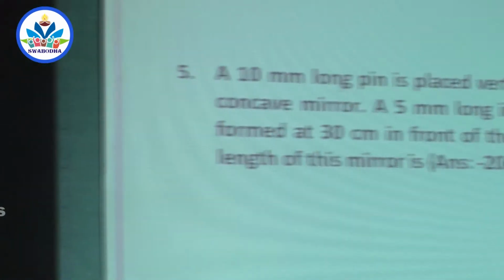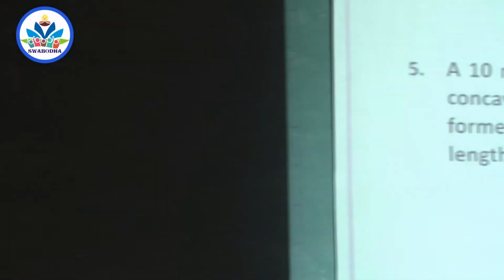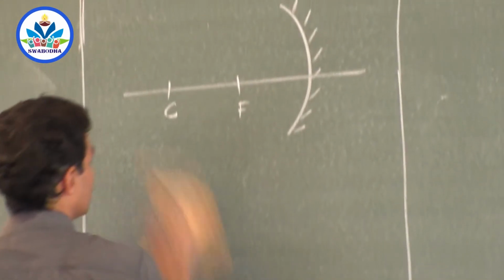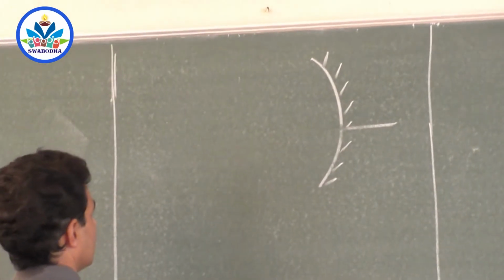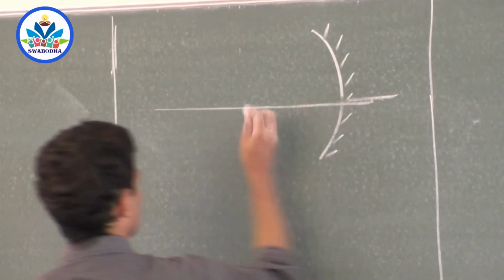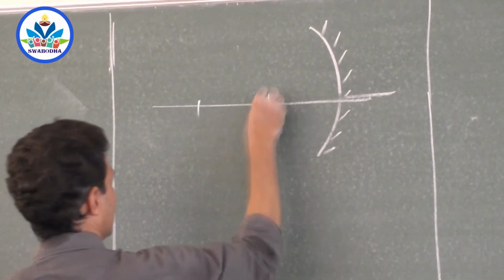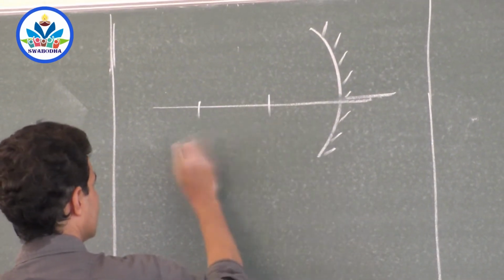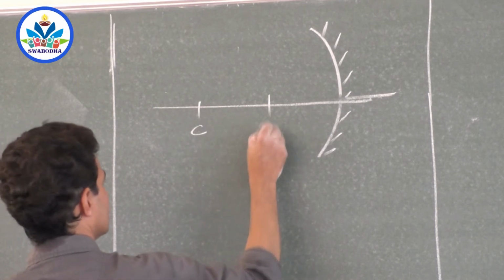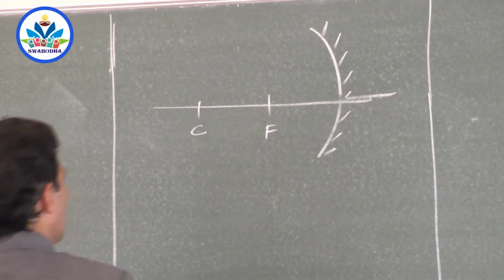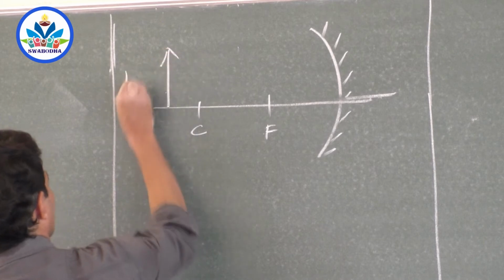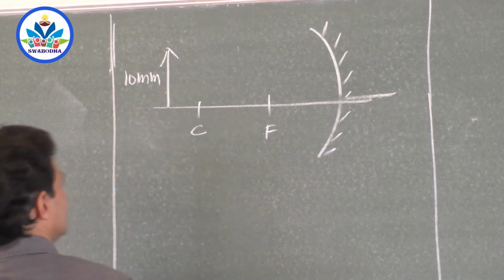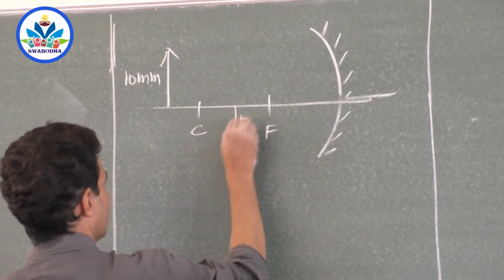Now a 10 millimeter long pin. With the knowledge of the theory we have, this is focus, this is center, and the 10 millimeter long pin is placed in front of the concave mirror. Place the concave mirror in such a way that light travels along the plus x-axis. Object should be 10 millimeter long, away from the center, image is smaller, 5 millimeter.